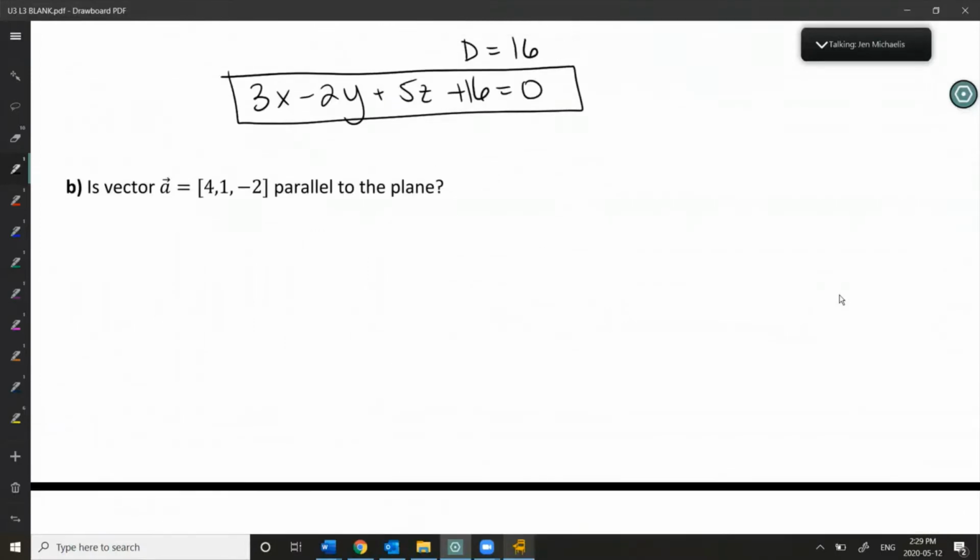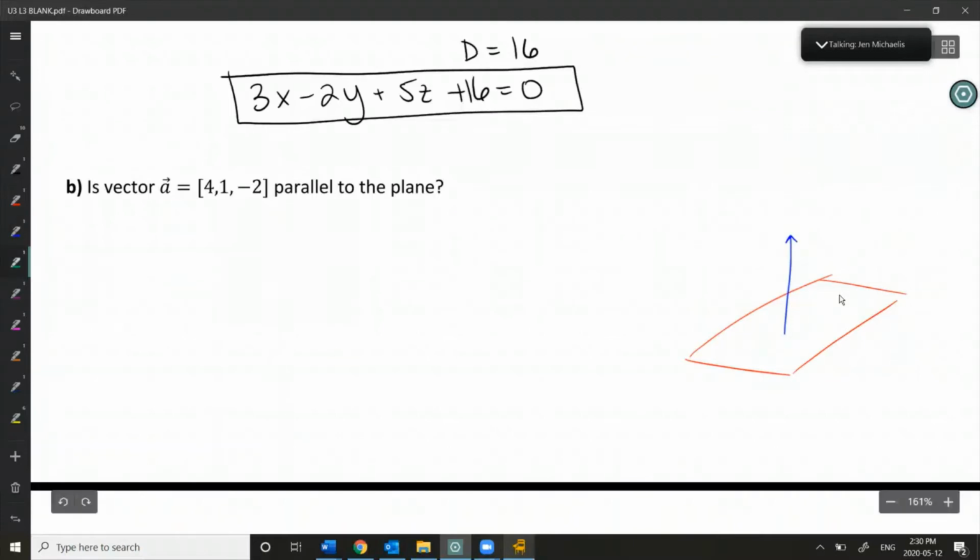Okay, so a couple follow-up questions. Is the vector A parallel to our plane? Now, if we think about this, I have a plane in space, and I have a normal, and that normal is the vector 3, negative 2, 5.